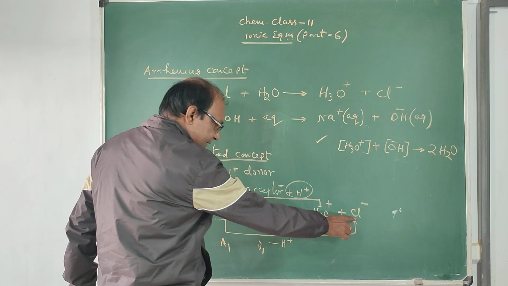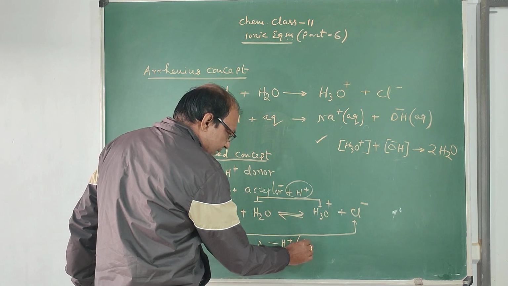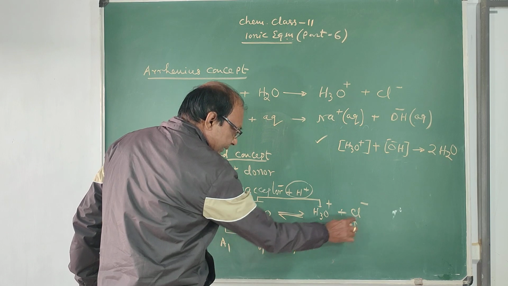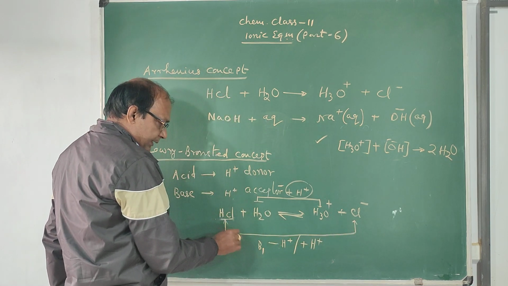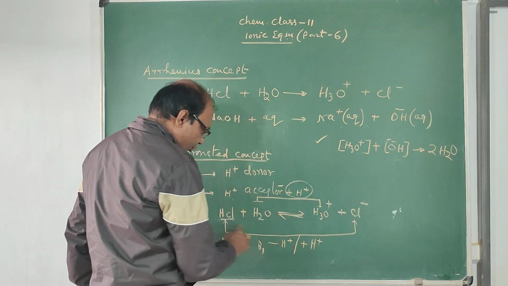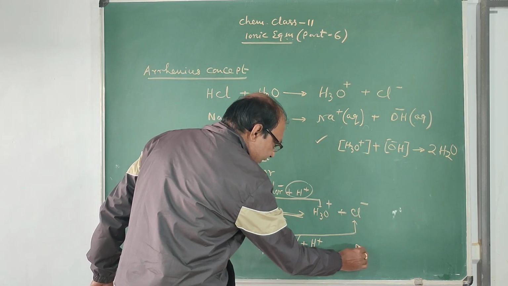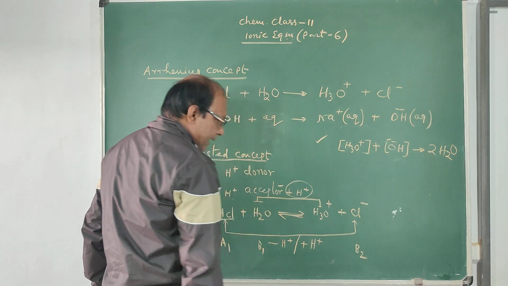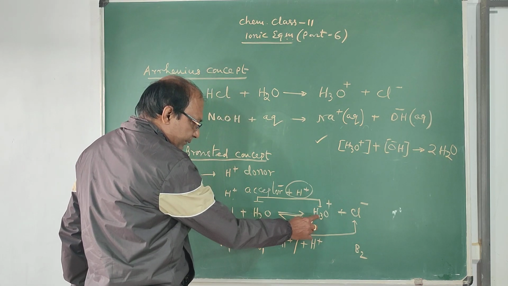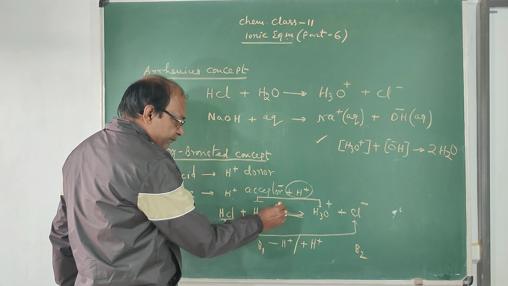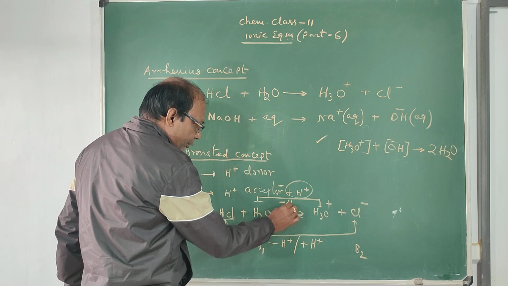So Cl- is accepting a proton, H+. So Cl- is base. So this is base 2. And H3O+, if you look at the backward direction, it is donating a proton.